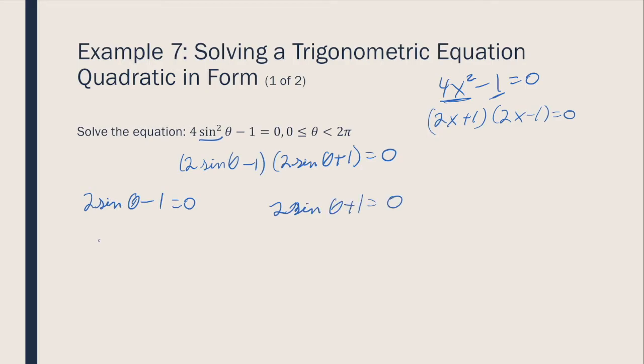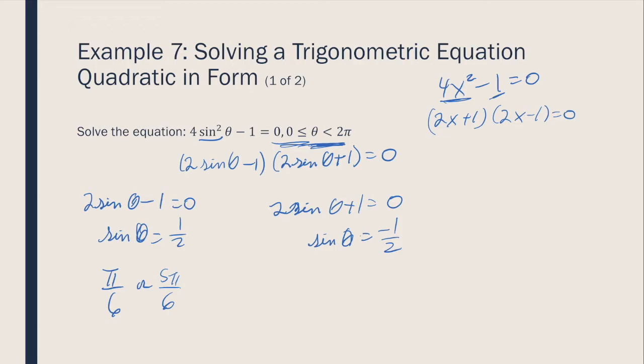I get that sine of theta equals a positive 1/2, or sine of theta equals a negative 1/2. We want the answers between 0 and 2 pi. So I look at my unit circle and I say, okay, where's sine of theta, so the y value, 1/2? Well, it's positive 1/2 at pi over 6, and it's positive 1/2 at 5 pi over 6. Then I go to where is sine of theta negative 1/2?